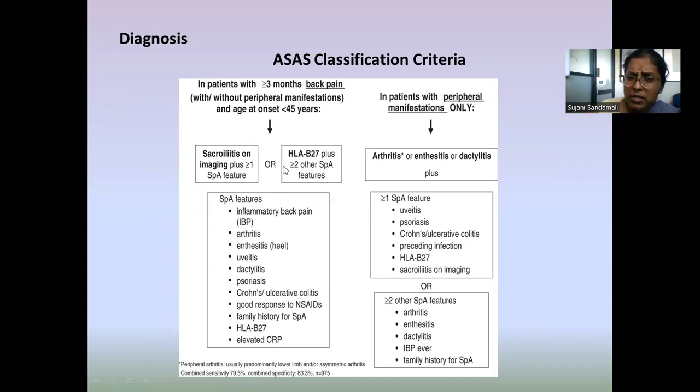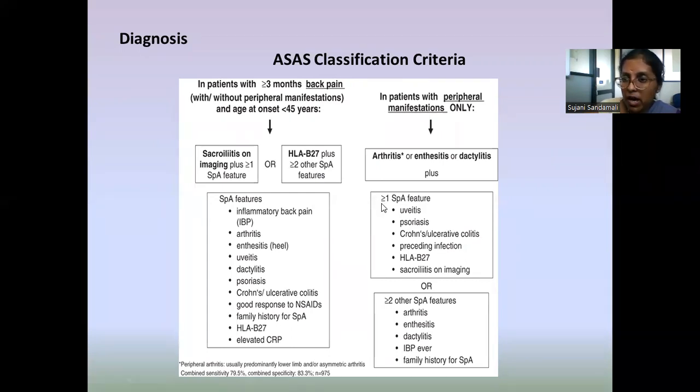If the patient doesn't have features of sacroiliitis on plain radiography, you can go for HLA-B27. If this positivity is there, more than two other SpA features should be there. In addition, if HLA-B27 negativity is there, you can go ahead with MRI sacroiliac joint as well, where you have to see bone marrow edema.